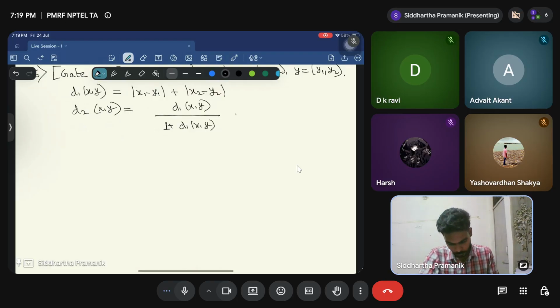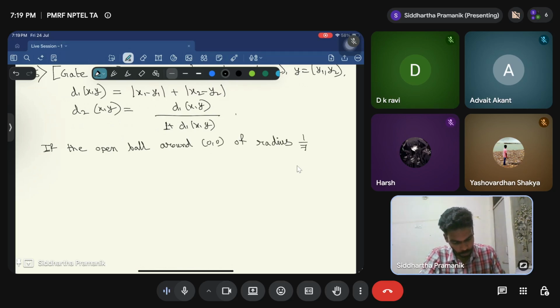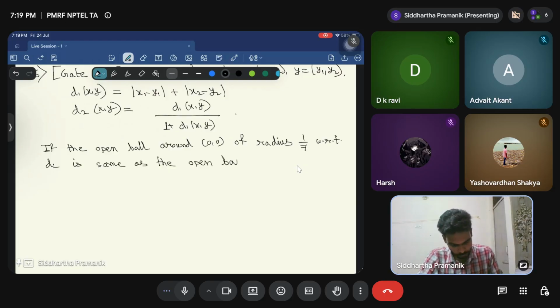So now, if the open ball around the origin of radius 1 by 7 with respect to the metric d1 is the same as the open ball around the origin of radius 1 by alpha with respect to d2, then find the value of alpha.